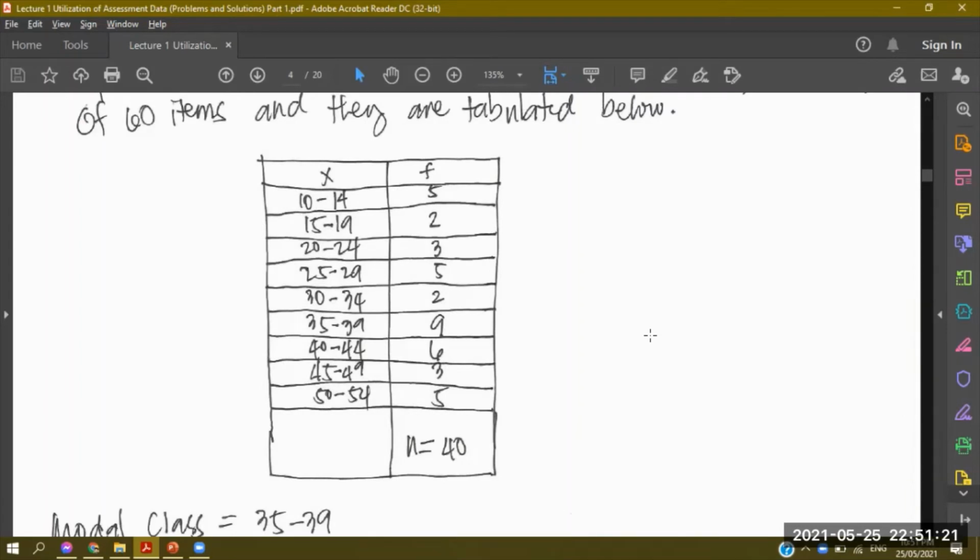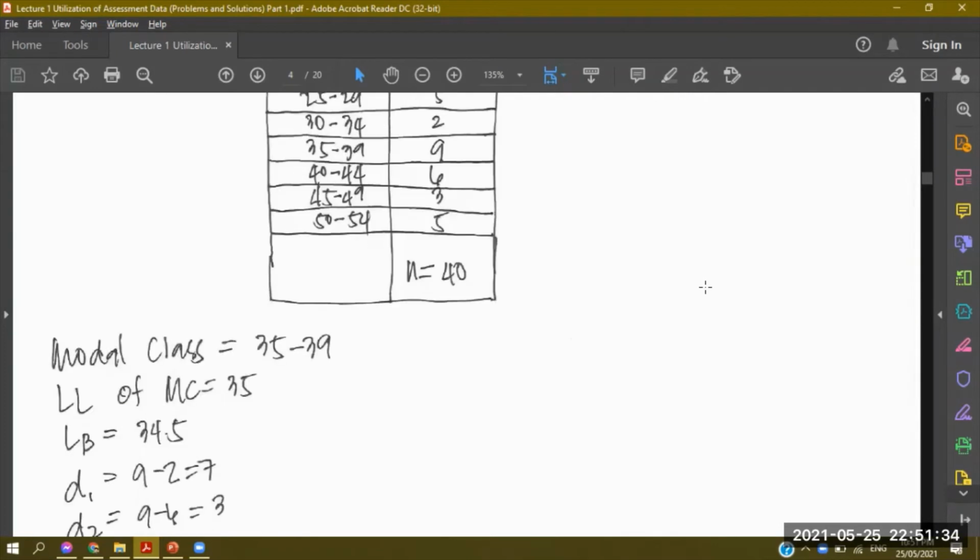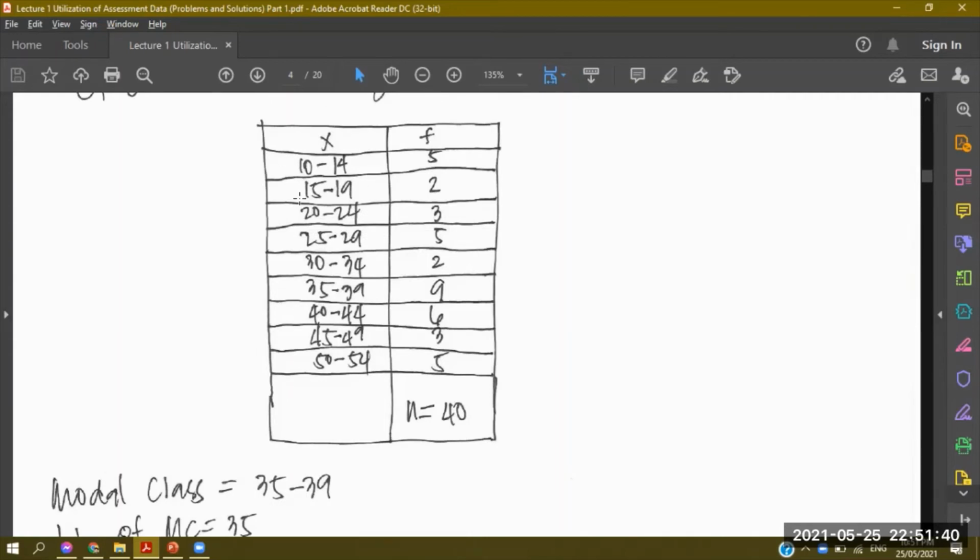So first and foremost, according to our step, we have to find the model class. Sir, can't we get the LB? We cannot get LB yet because we do not know yet which category we will get the LB from.